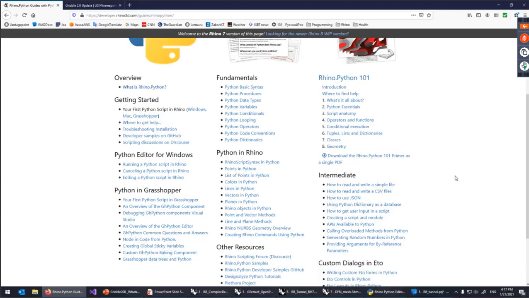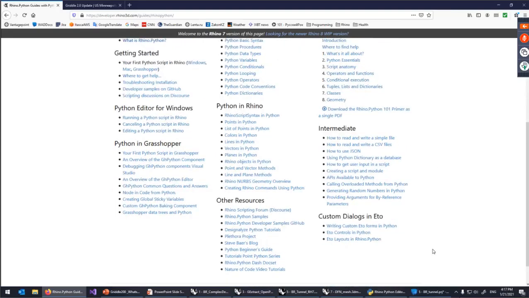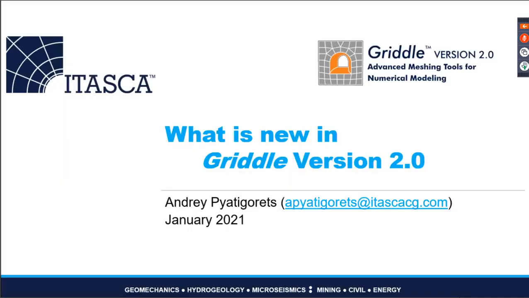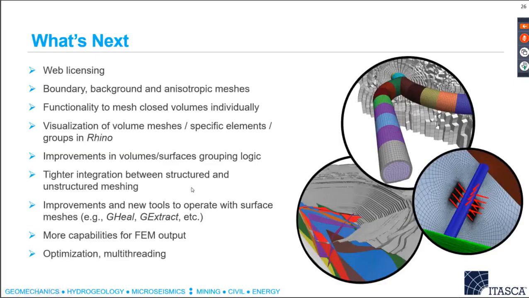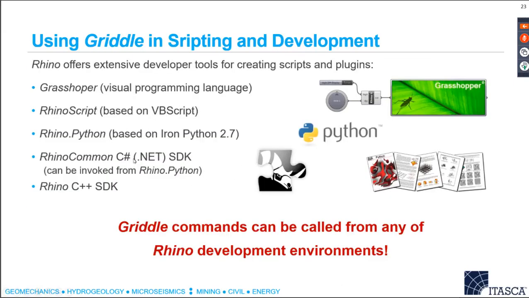There's a number of examples here, how to work with different geometries, how to call different commands. As I mentioned in my presentation, you can even call lower level commands, such as those implemented specifically in the C# SDK, from Rhino Python. So you can really create rather complex models using Python. You can completely automate your process using any of these tools.